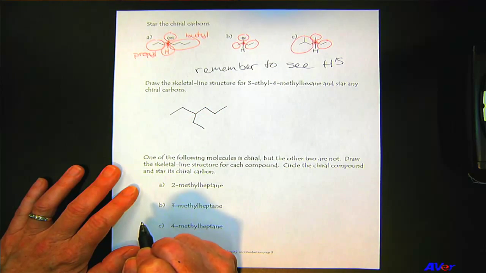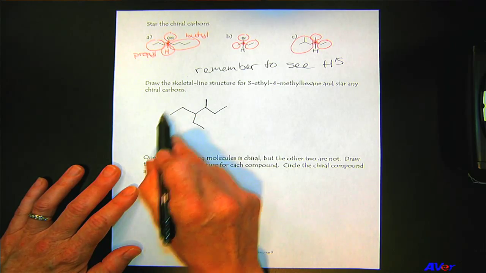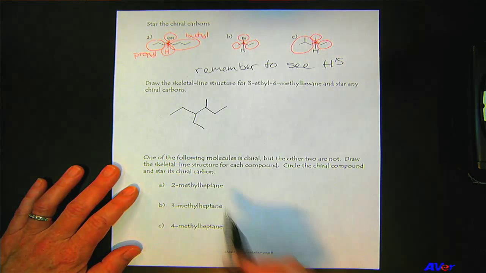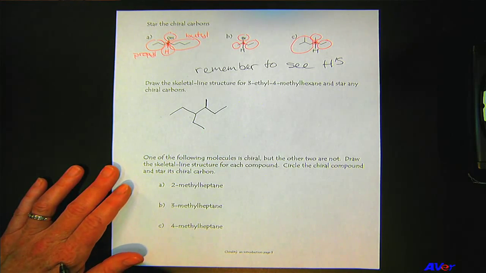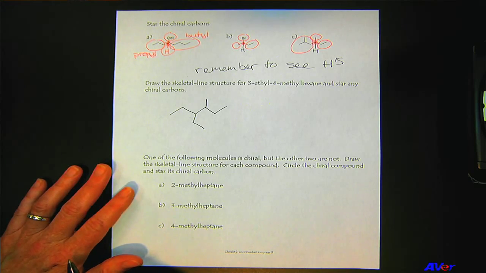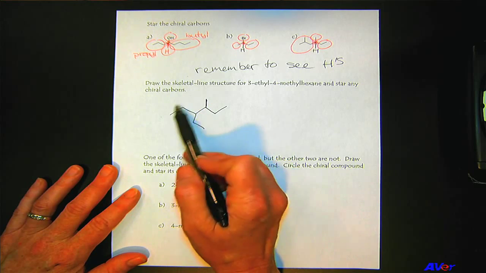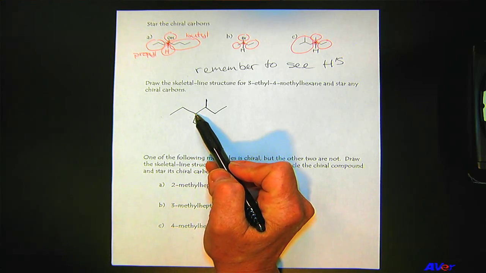Okay, there we go. That's perfect. Now let's see if we can find the chiral carbons. Our first instinct might be to look here, but notice we would have 2 ethyl groups. So this carbon is not chiral.